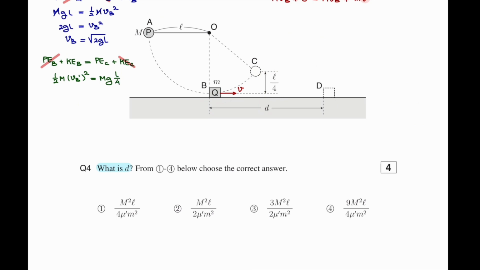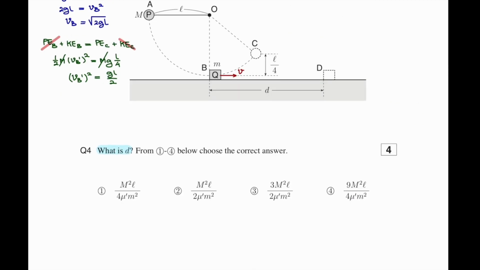We can cancel out mass, and then I can cross multiply 2 to the other side. Then I will get Vb prime squared is equal to gL over 2, and then Vb prime is equal to square root of gL over square root of 2.